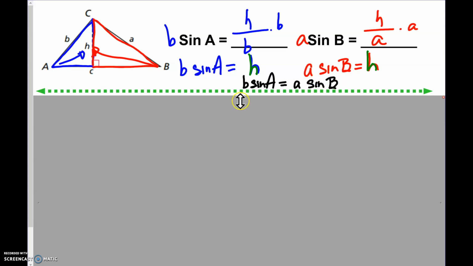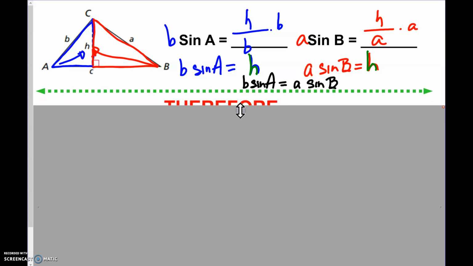All right, so now if I want to write this as a ratio instead, I can divide this side by B, and if I do that to one side, I have to do that to the other side. And if I want to divide this side by A, then I have to divide this side by A. So I did the same things to both sides. These B's are going to cancel out. These A's are going to cancel out.